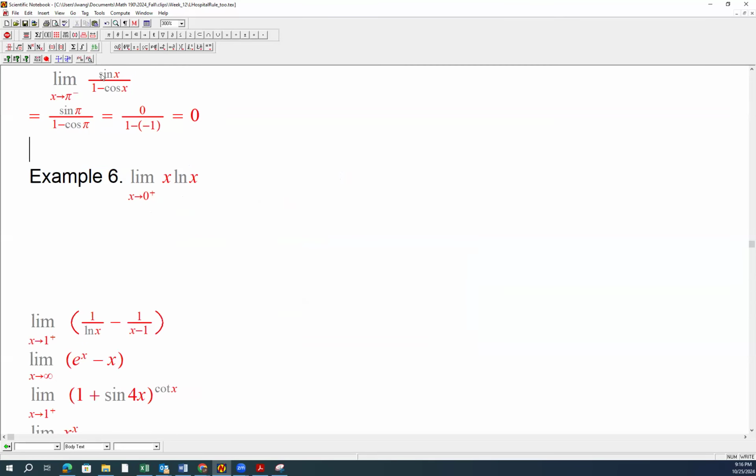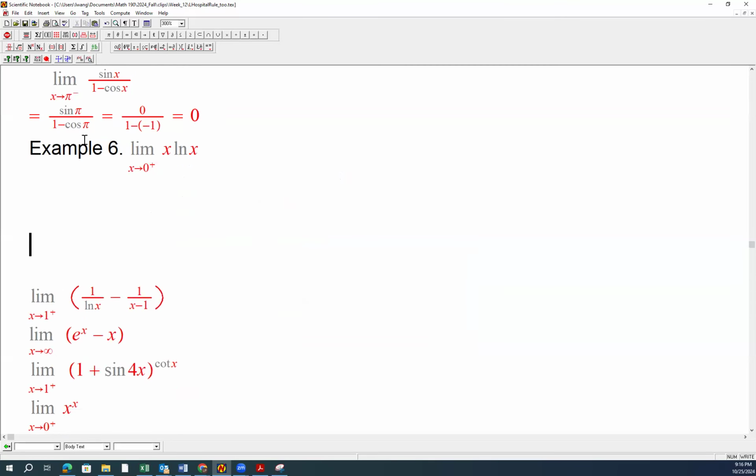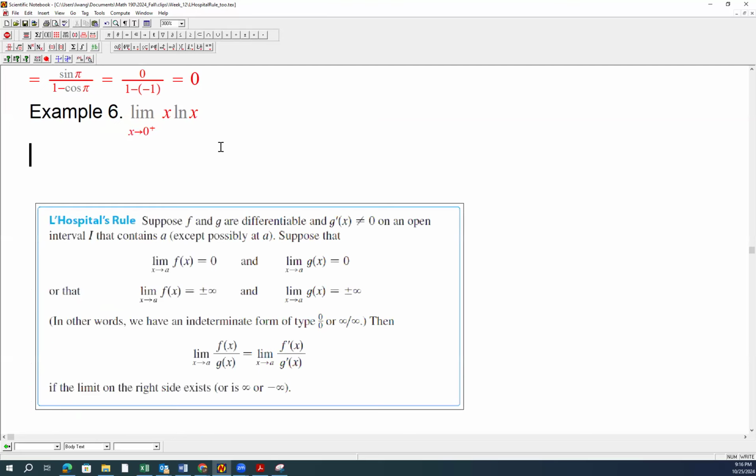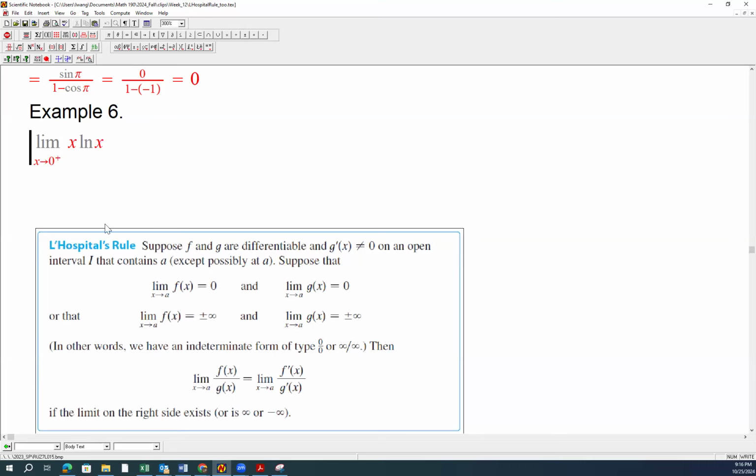Maybe we get to use L'Hopital rule. So we put the L'Hopital rule right here. Let's observe this limit. When x is approaching 0 from larger than 0, ln x is approaching -infinity.